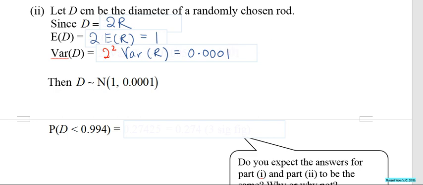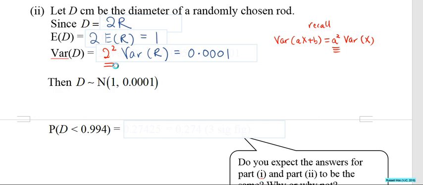Now recall, maybe I will write here, variance of AX plus B equals A squared variance X. Recall, this A squared. So now you've got a distribution of D. I think it's not difficult to press a calculator very quickly and get this answer.